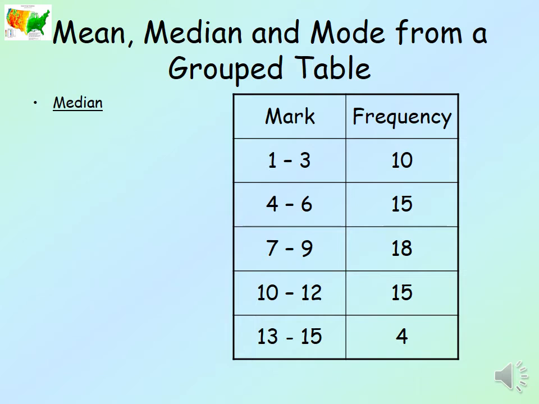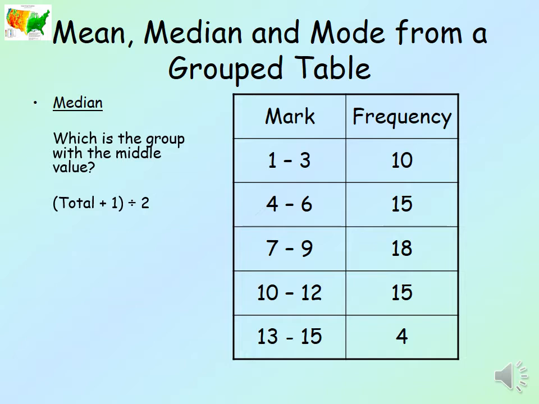Okay, moving on to the median. So we need to total, and the total, if you did it, is 62 plus 1, and we're going to divide that by 2, so it is the 31.5th value.